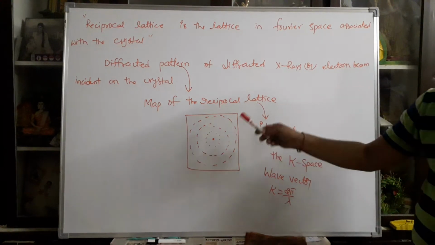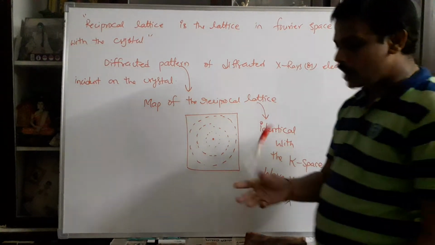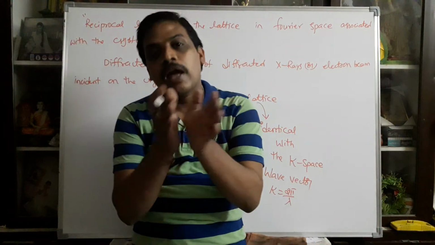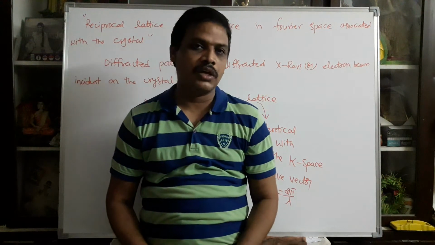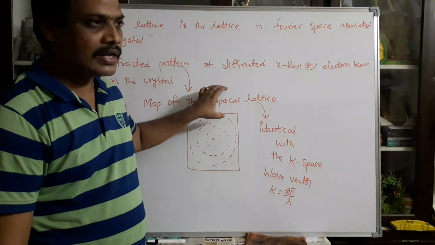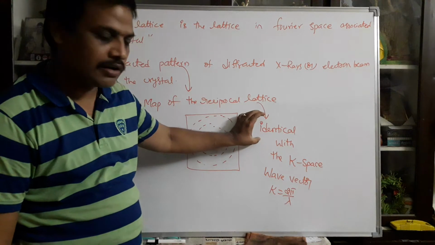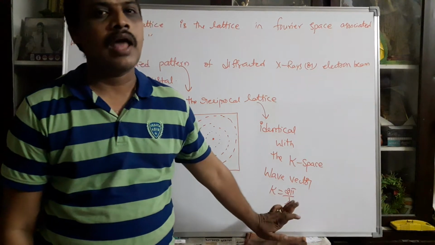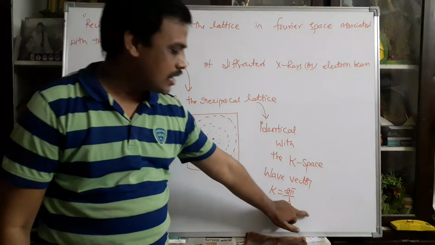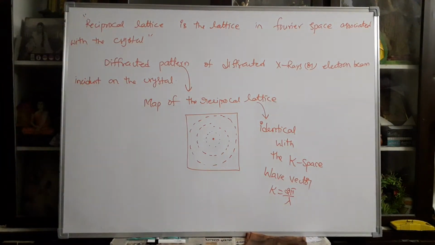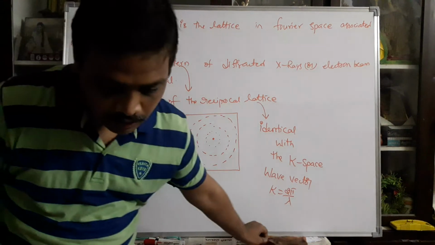According to de Broglie analysis, every particle obeys dual nature, one is particle nature, another is wave nature. The diffracted rays exist in wave nature, and that wave nature is explained with respect to the reciprocal lattice. The wave vector is K equal to 2 pi by lambda, where lambda is the wavelength. So, the reciprocal lattice is always identical with the K space of the wave vector.